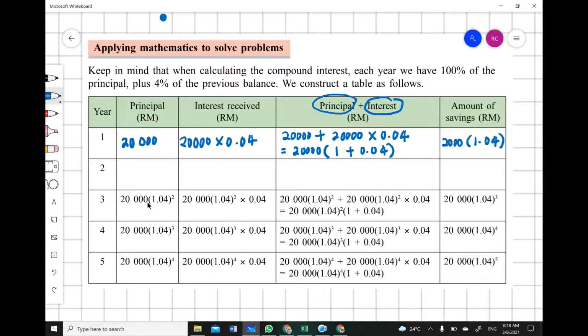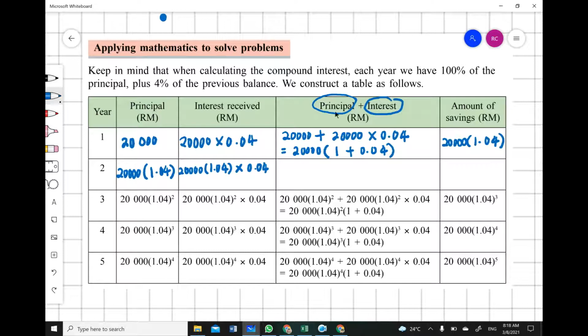So 20,000 times 1.04 will be your principal. So now your interest is from the principal multiplied by 0.04. Therefore, it will be 20,000 times 1.04, that is your principal, times the interest 0.04.